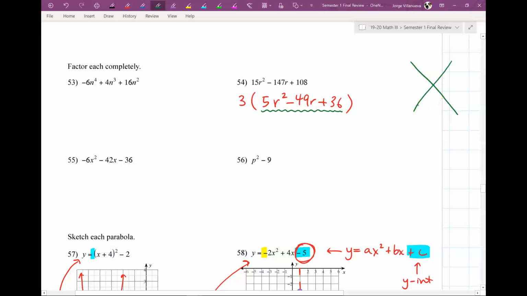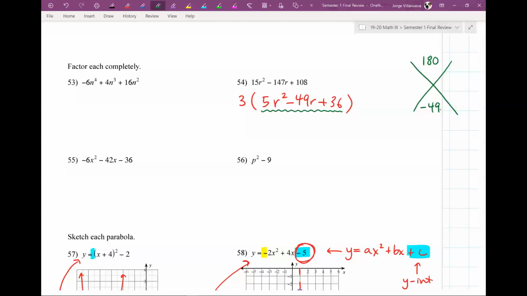So I have 5 times 36, that's 180, and then a negative 49 right there. So two numbers that multiply to 180. This is going to take me a little while to think of.